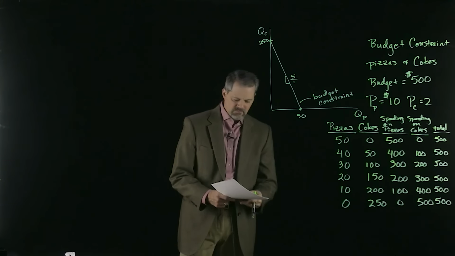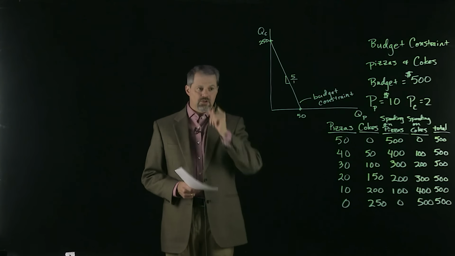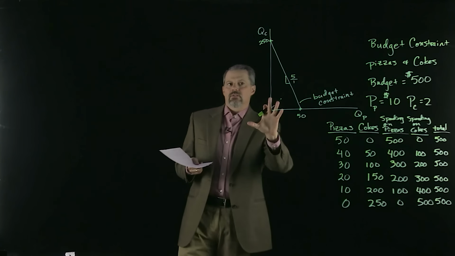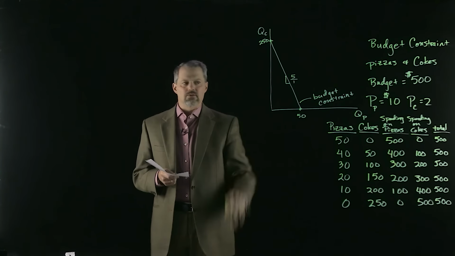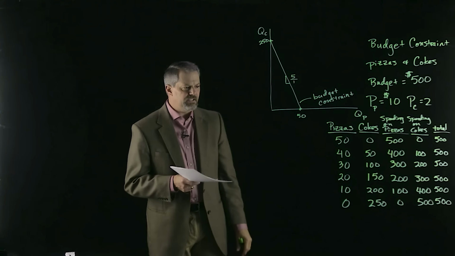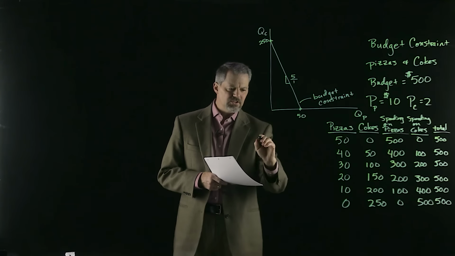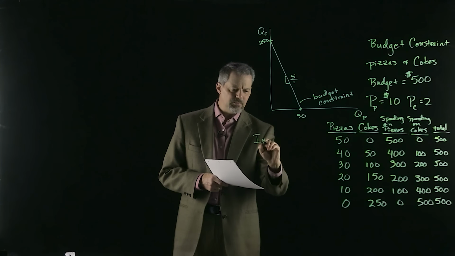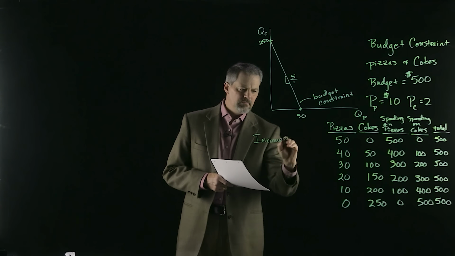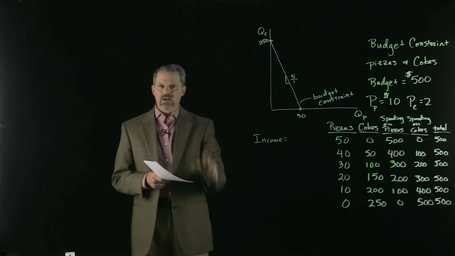Now, I'm also going to show you how to graph that in general. It's actually very easy. So here's what this budget constraint looks like. Income, we're going to spend all of our income.